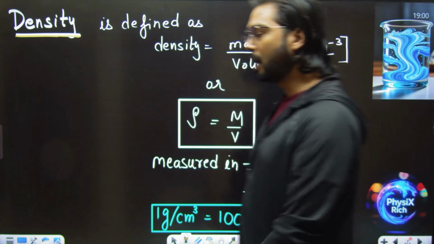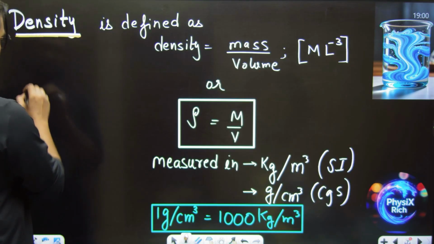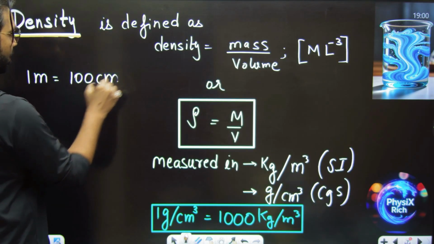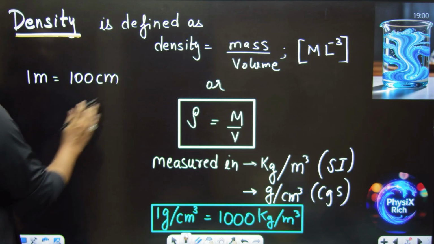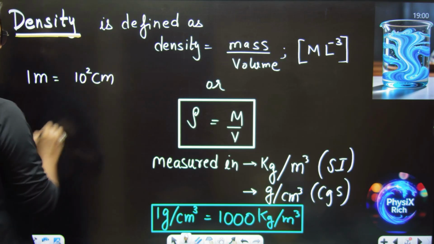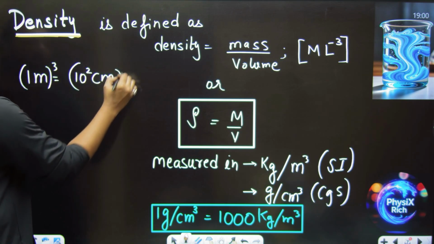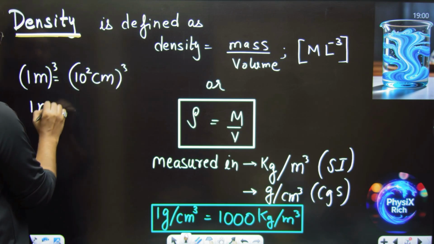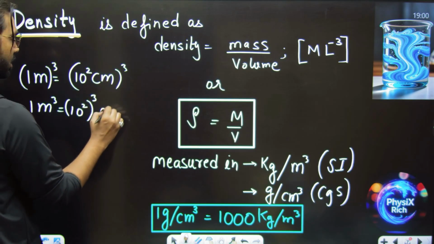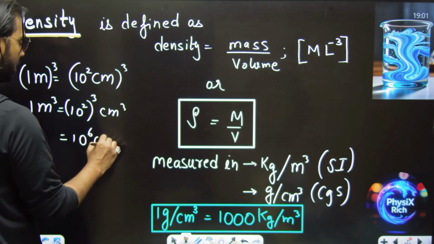If you're wondering how I got this, you should understand that 1 meter is equal to 100 centimeter, or rather 10 to the power 2 centimeter. If I cube both sides, I get 1 meter cube equals 10 squared to the power 3 centimeter cube, and that is 10 to the power 6 centimeter cube.